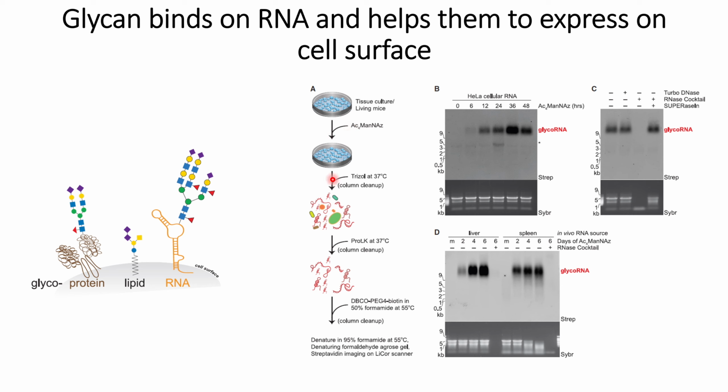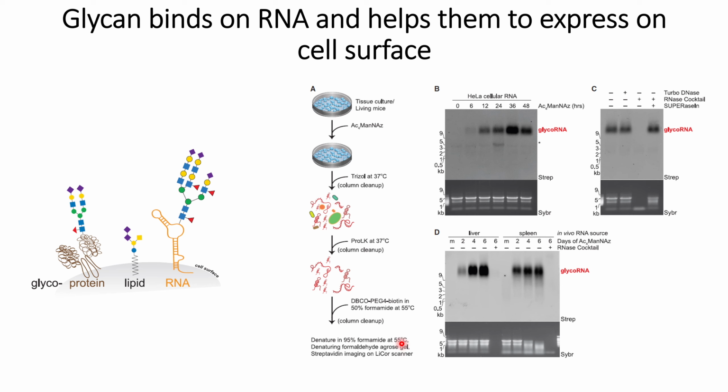Then they add the triazole and do a column cleanup. In order to get rid of any proteins, they treat the sample with proteinase K at 37 degrees, and then do a column cleanup again so that the samples are free of all proteins.